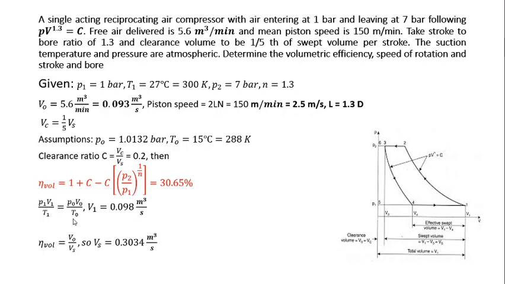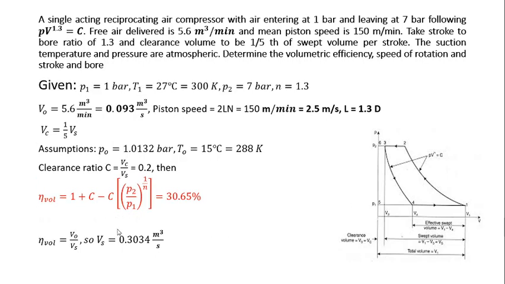Now we can calculate volumetric efficiency in terms of free air delivered, because we have given free air delivered, is equal to V0 by Vs. So Vs is equal to V0 divided by volumetric efficiency.